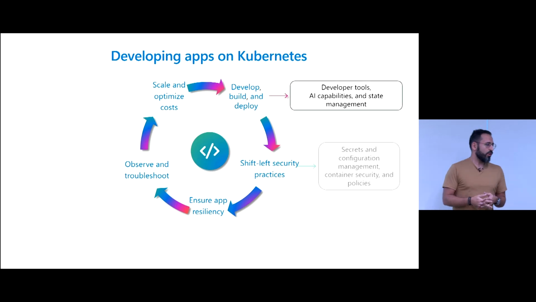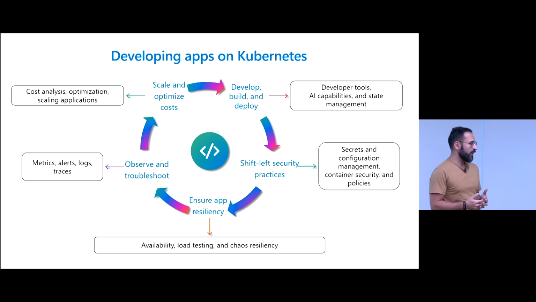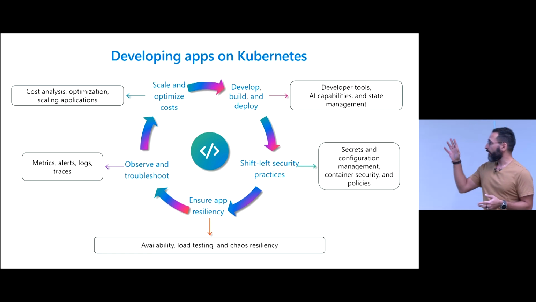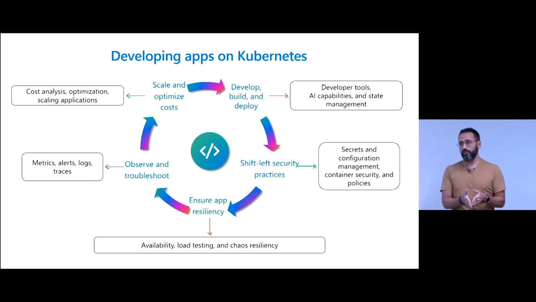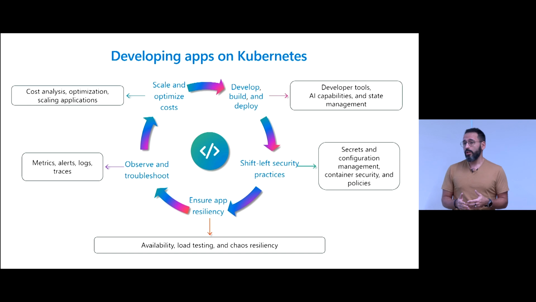So now if you focus on what it takes to develop and deploy applications on Kubernetes as a developer, you find that there are a lot of touch points you have to go through: how you build and deploy your application, how to apply security best practices at the very early stages of your development, so shifting security left, how to ensure that the app is resilient, and how to observe and troubleshoot things that come up with your application so that you can figure out what's going wrong or where you need to scale.